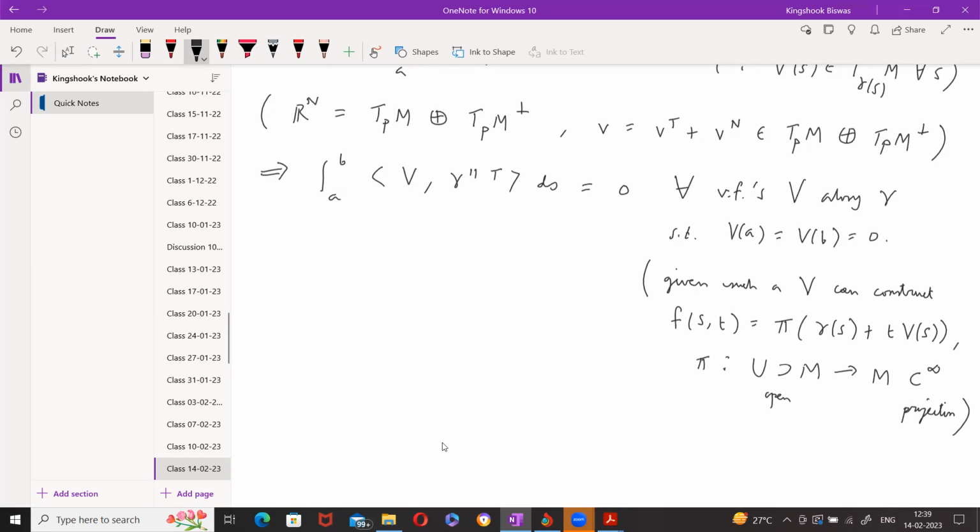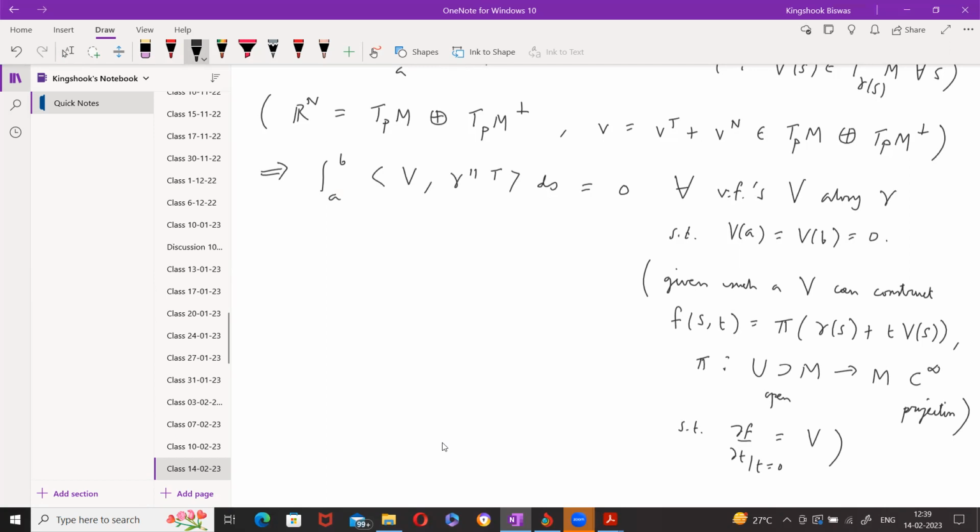You can construct this variation such that its variation vector field is equal to V. Okay, so del F del T at T equal to 0 is equal to V. Okay, so given any vector field V along gamma, which vanishes at A and B, you can construct a proper variation like this.